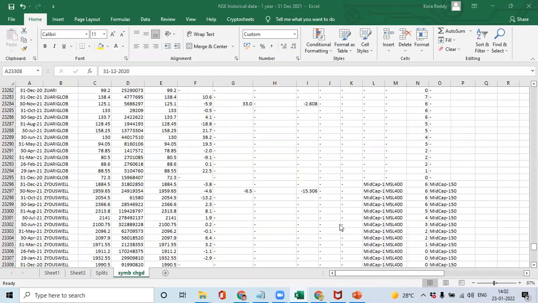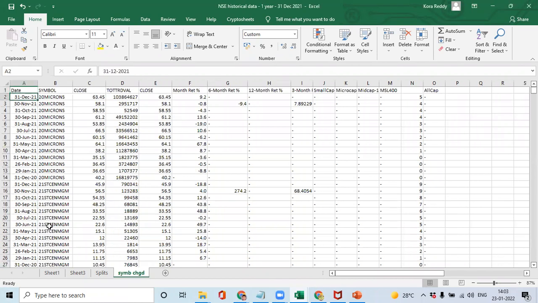Anyway, let's live with it. I can't find a way. Right, so this is the data for the last 1 year, December 21st to December 20. Now I have to do it as if I'm doing it today.